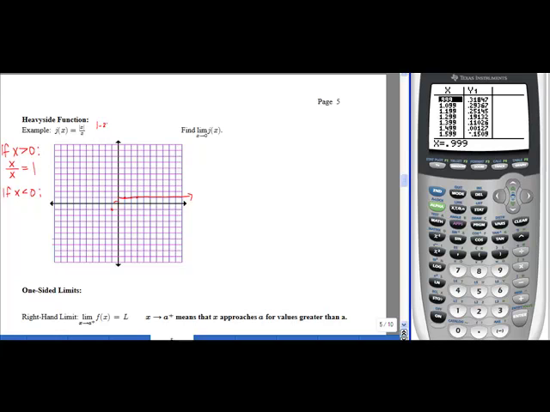Absolute value of negative 2 becomes positive 2, divided by negative 2 reduces to negative 1. So I get negative 1 back again. If I plug in negative 3, absolute value of negative 3 becomes positive 3, divided by negative 3, so that reduces to negative 1 as well.